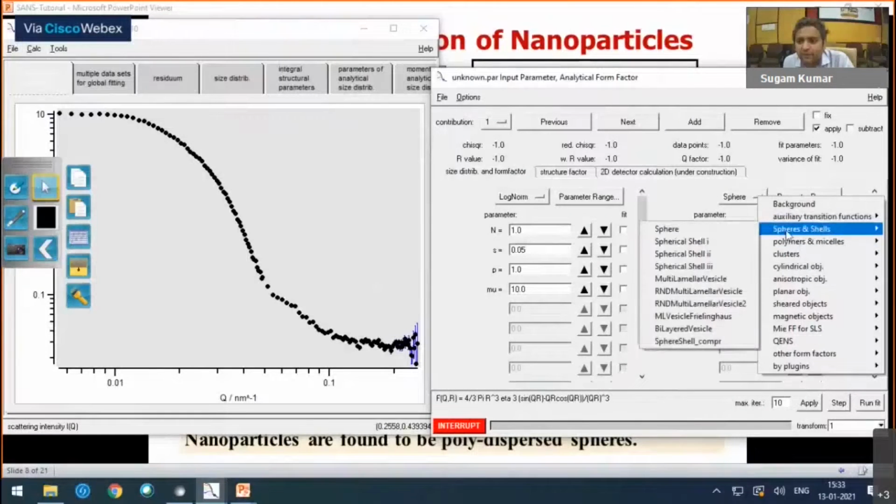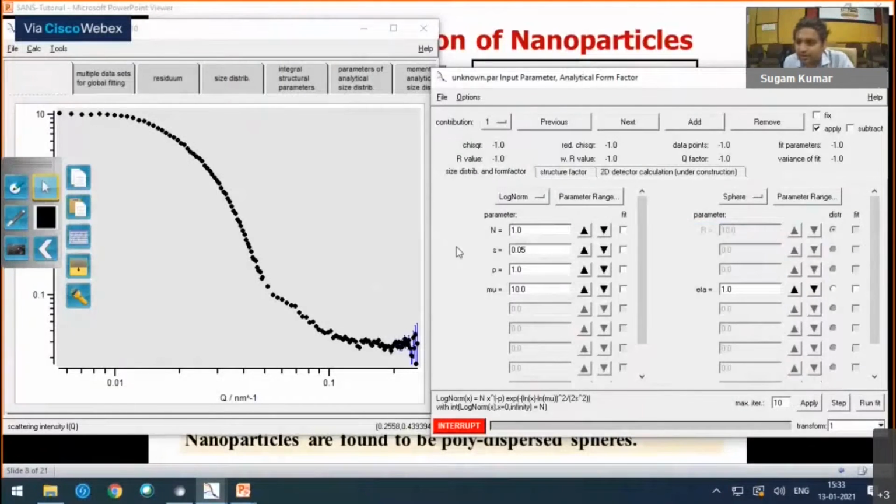So we will choose simply sphere because we know these are the nanoparticles, and to begin with it's not a bad assumption to choose them to be spherical. Also, as we have seen that the scattering profile depends upon the shape, and here we see typical signatures of spherical particles, form factor around the scattering.